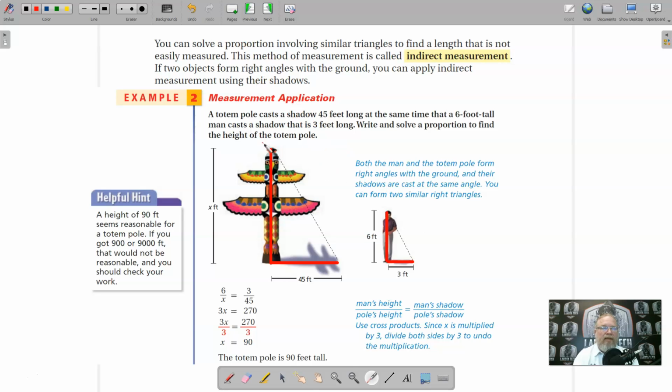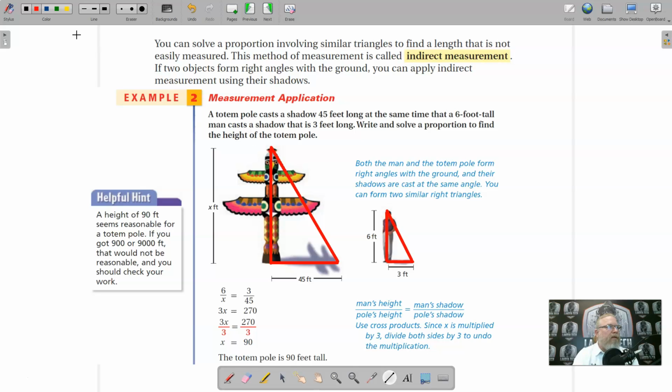The sun is striking both the totem pole and the man at the same angle. So we know that the angle at the top of the totem pole and the angle at the top of the man are congruent. Let's put that other line in there along the shadow, and also go from the top of the man's head down to there.